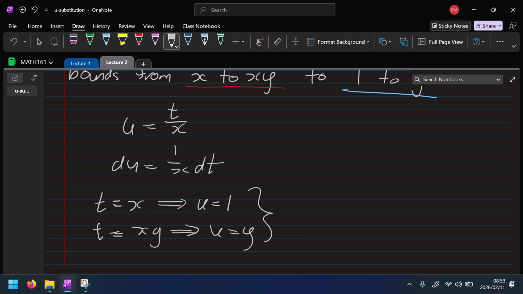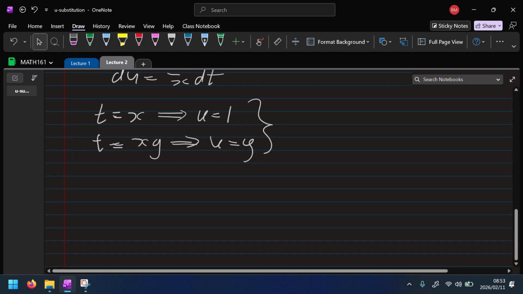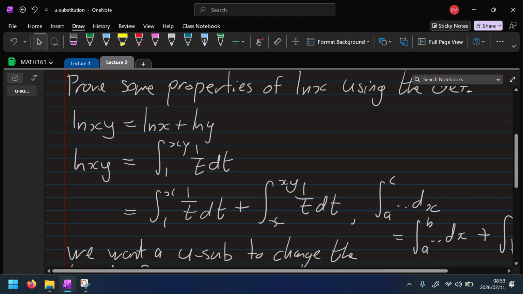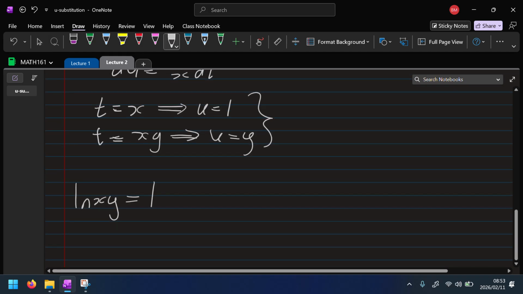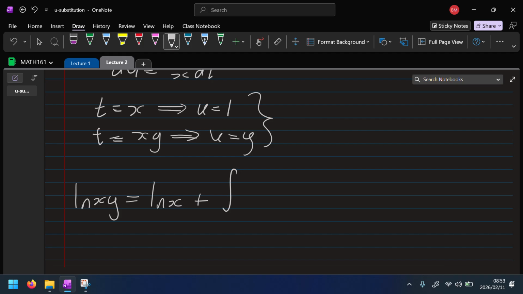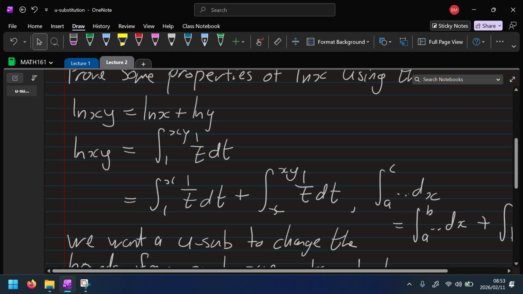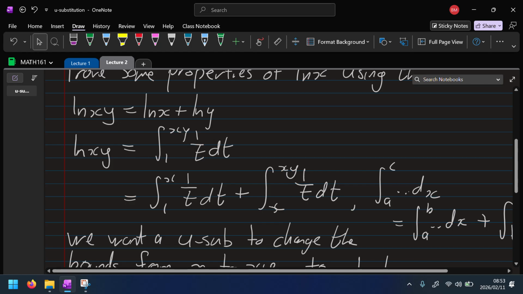So let's do the u substitution, see what we get. We had the natural log of xy is equal to this first term, which is just the natural log of x. We had that from the definition. Plus, and now we need to do the u substitution on that second integral. The lower bound was x.